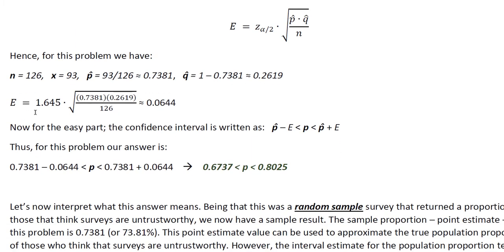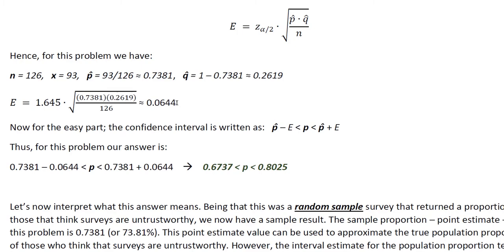E is equal to 1.645 times the square root of, this is p hat, 0.7381, times q hat, 0.2619, all over n. When I do the arithmetic, and remember that's all done on the spreadsheet, it's approximately equal to 0.0644.